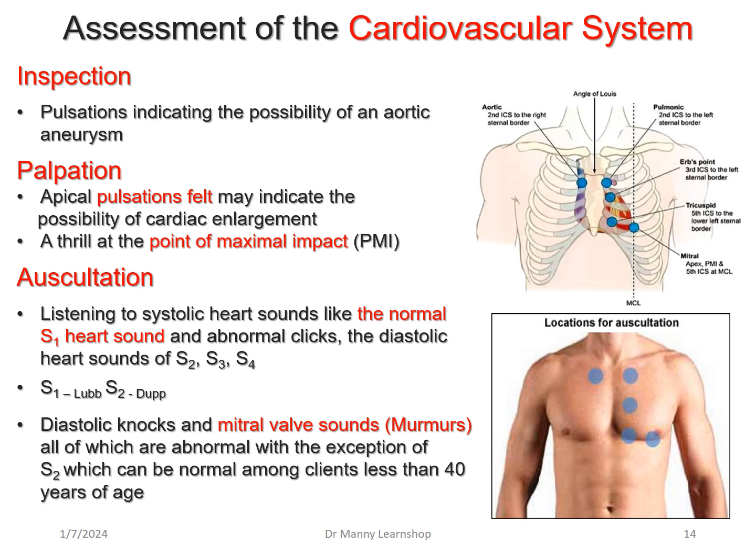Auscultation: you're listening for S1, S2, or abnormal sounds like S3, S4, or clicks. The most important sounds that we want to hear are the normal ones, which are S1, lub, S2, dub.